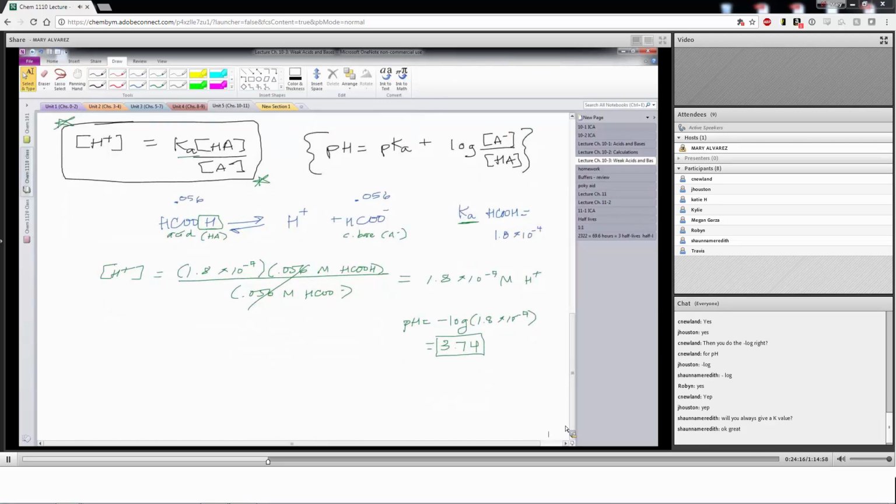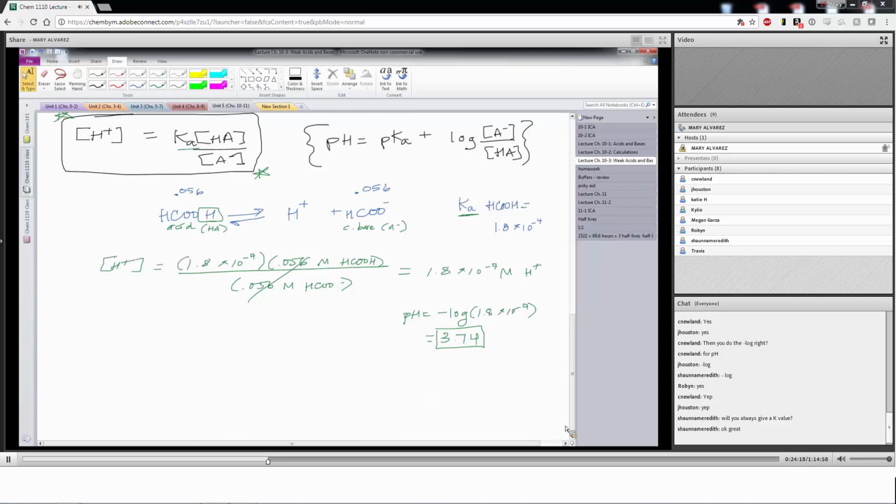Yes. Okay. Now, let's take it one step further. I've got this buffer system with a weak acid, and it dissociates naturally, and I added this much of my acid, and this much conjugate base. Now, to this system, I want to add sodium hydroxide.